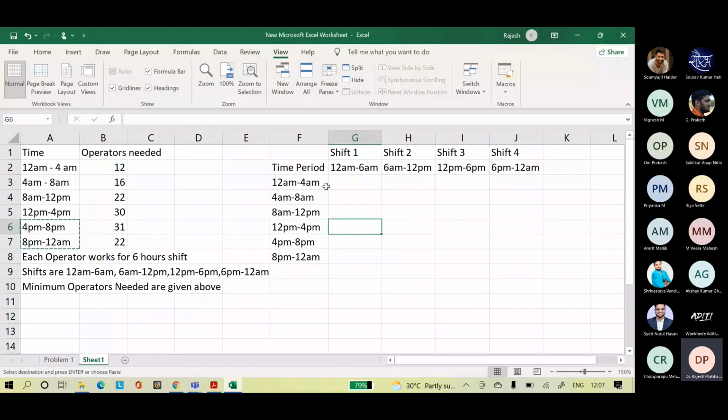These are our time periods. Incorporate the values like how we did in the previous problem.